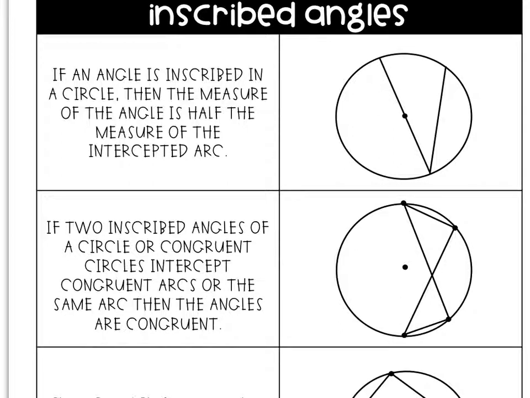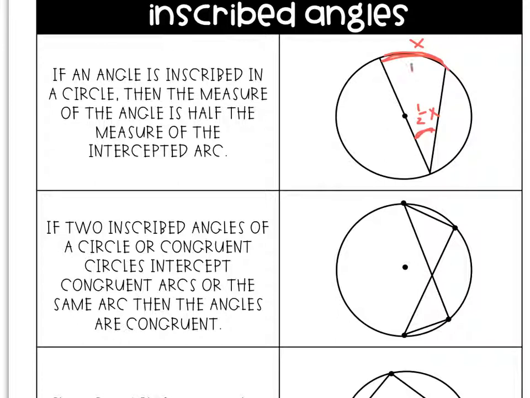The first one is that if an angle is inscribed in a circle, then the measure of the angle is half that of the intercepted arc. So if here's my arc, and let's call that x, then my angle is going to be 1/2 x. Now, what's easier, to divide by 2 or cut it in half or multiply by 2? I personally like multiplying by 2.